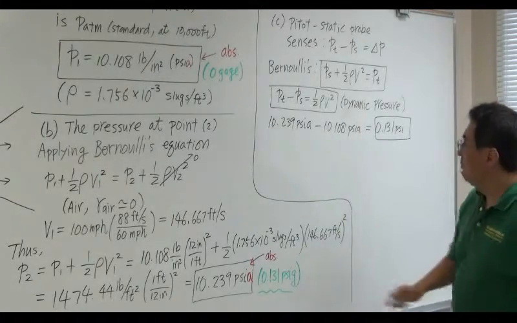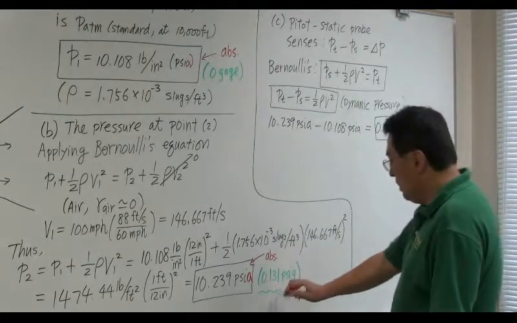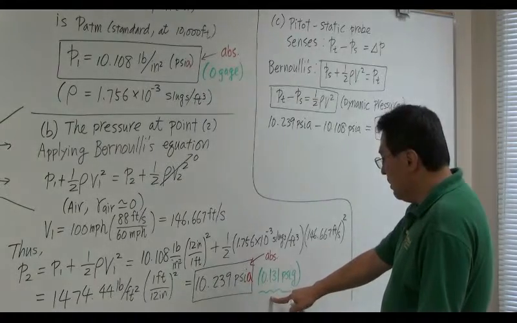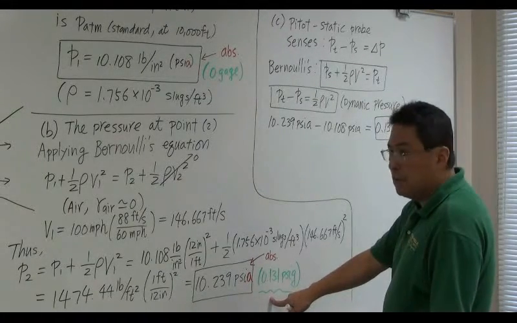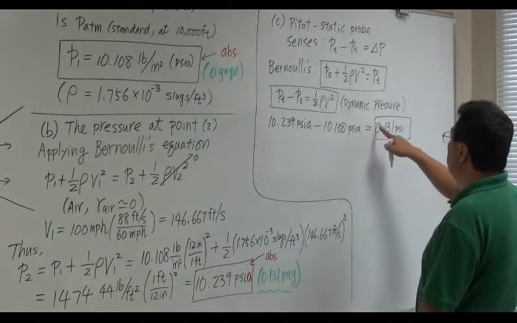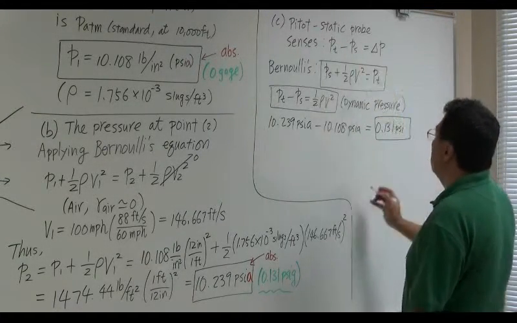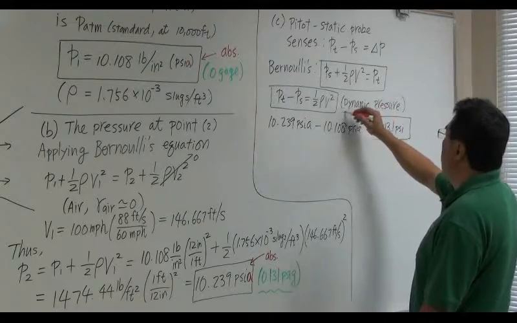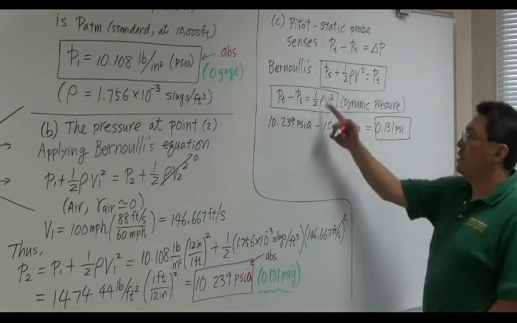Okay? So this is the gauge pressure at the stagnation point, which is equal to the pressure difference sensed by the pitot-static probe, which is essentially dynamic pressure, 1/2 rho V squared.